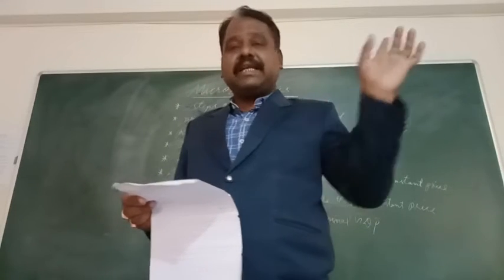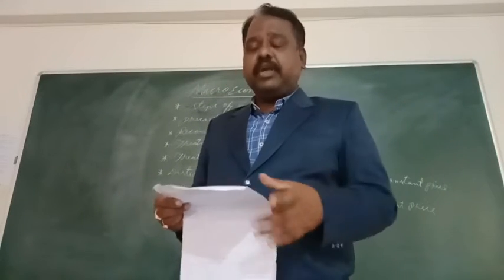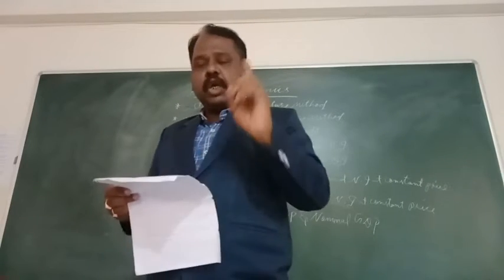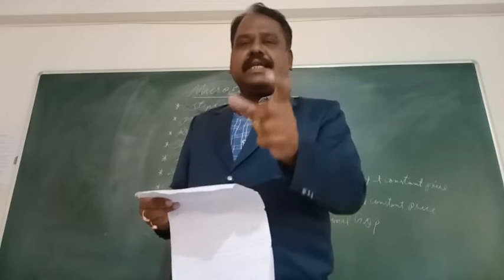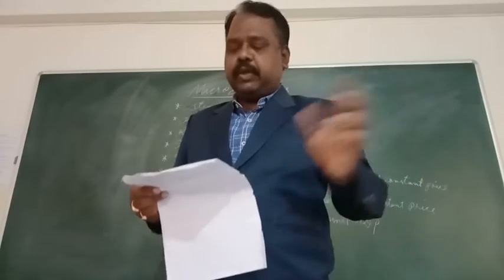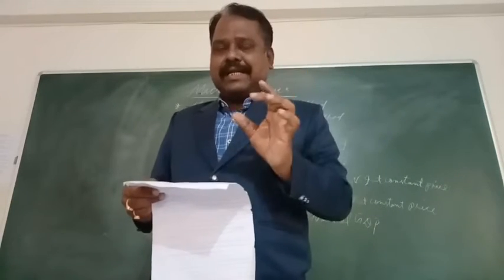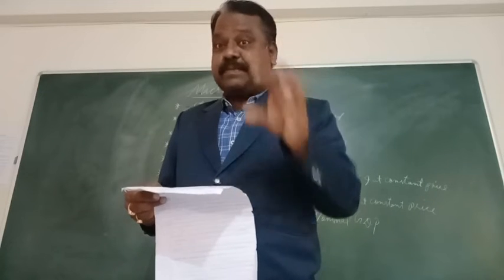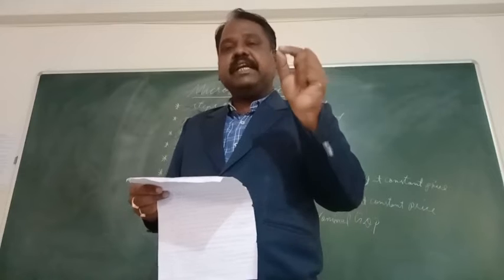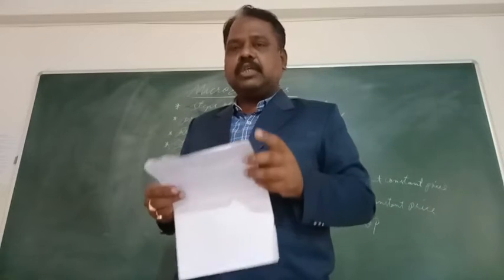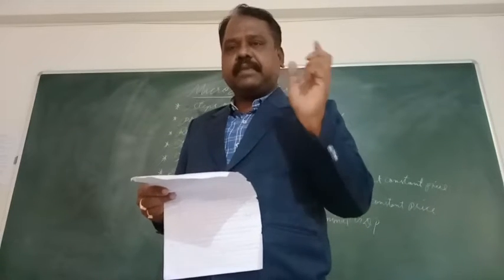Each and every term I clarified in the previous video. Not only that, we have to add net export. That term also I clarified in the previous video. Now, when we add these core expenditures, we will get GDP at market price, meaning gross domestic product at market price.